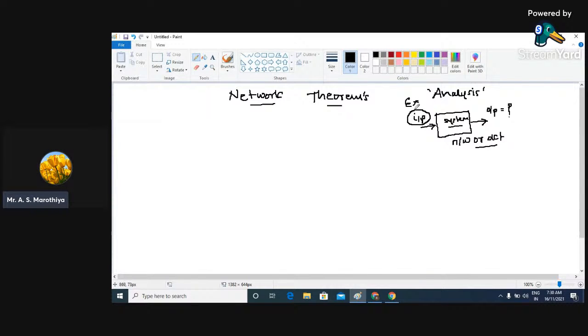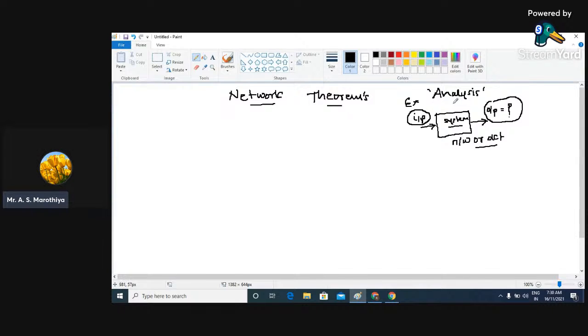That means we know the excitation, that means what are the different types of sources or active elements connected in that particular network or circuit, and we are trying to find out what will be the output. That means what will be the value of current going through different elements, what will be the value of voltage across different elements, what will be the power supplied or consumed by different elements. So that is what the process of analysis is.